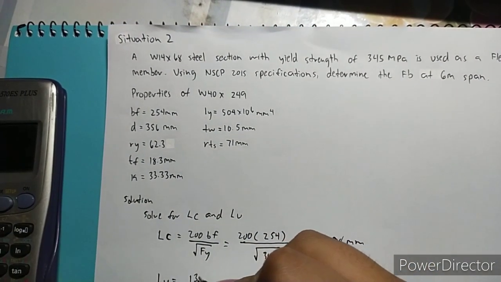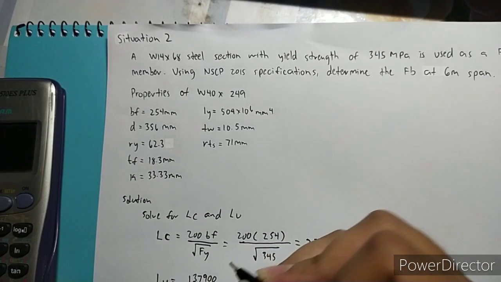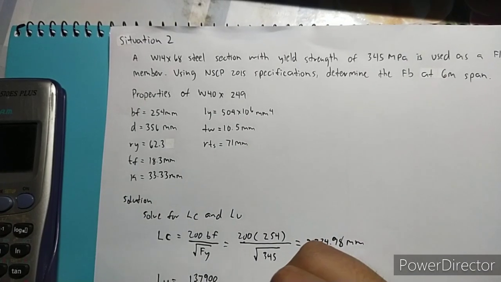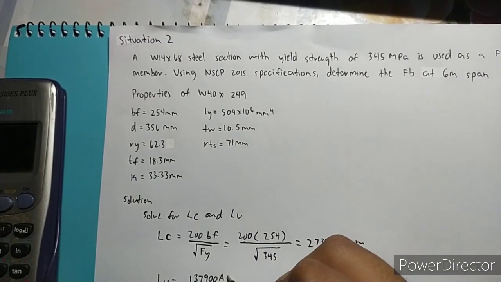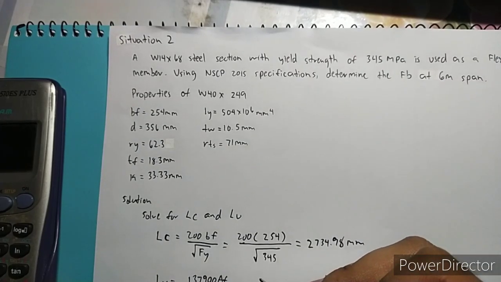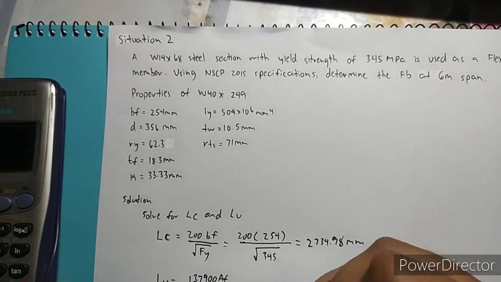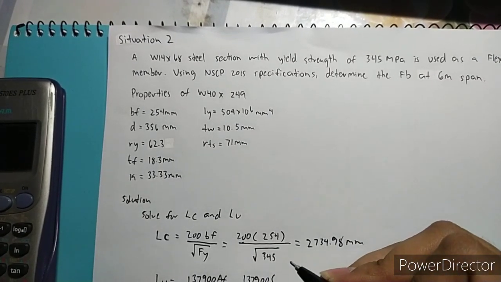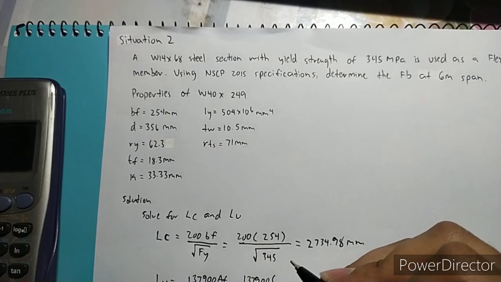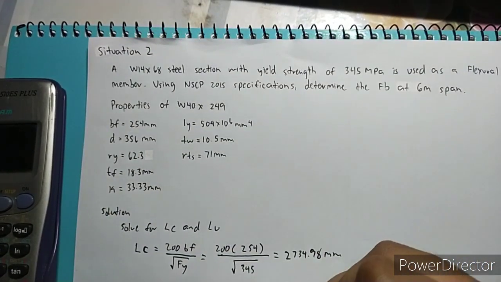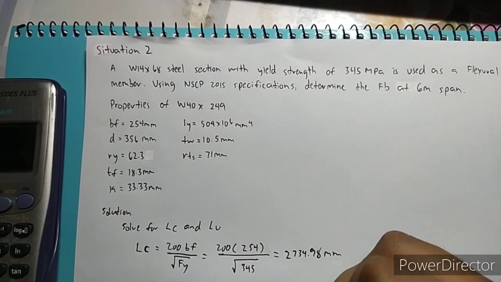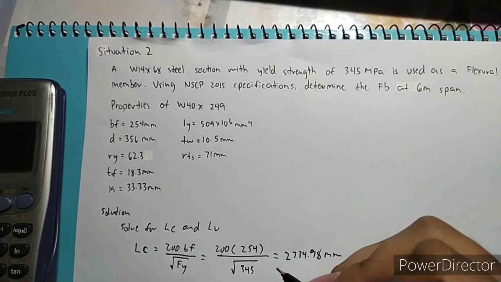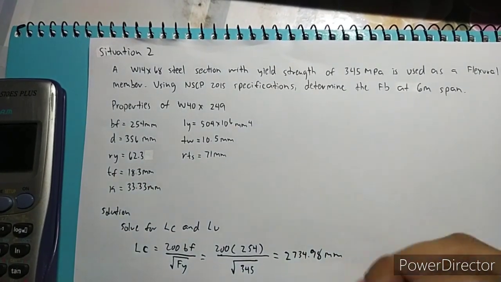So for LU, meron tayong formula na 137,900 AF over FY D. So 137,900 multiply by AF natin. So yung area, BF natin is 254 multiply by 18.3. Yung thickness ng flange natin is 18.3.